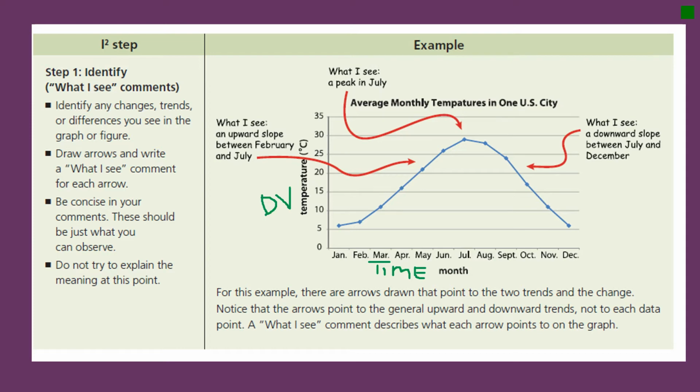Tasks that we know how to do, but it's the identifying that we're asking you to get more detailed. Notice what they commented on. They noticed that there was an upward slope, they noticed that there was a peak, and they noticed that there was a downward slope. You should be able to pick apart, oh, this is going to tell us so many stories.